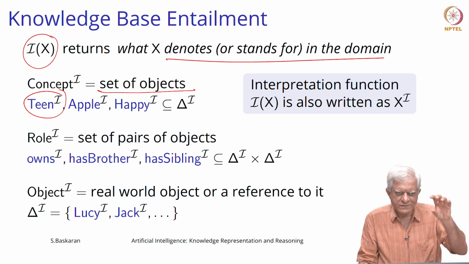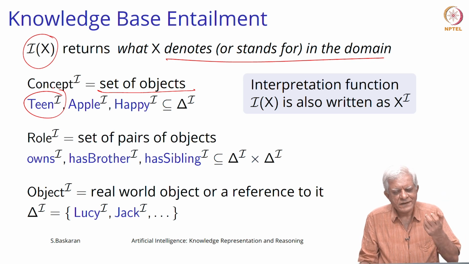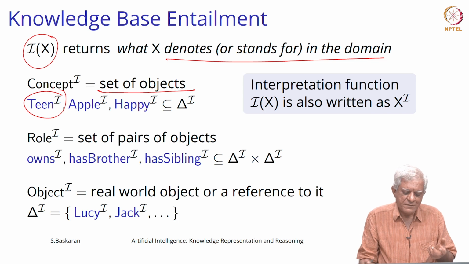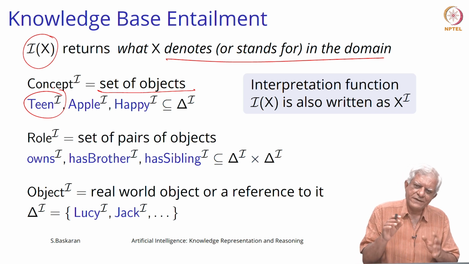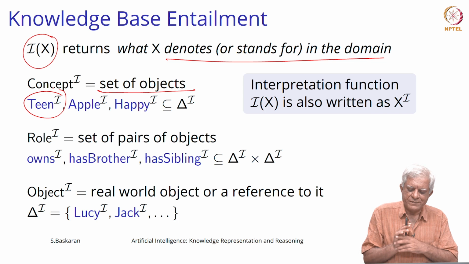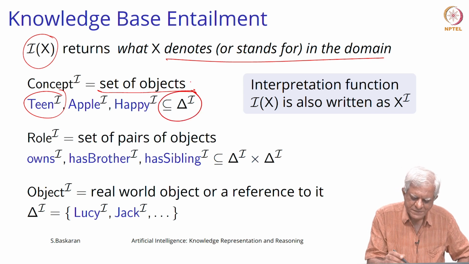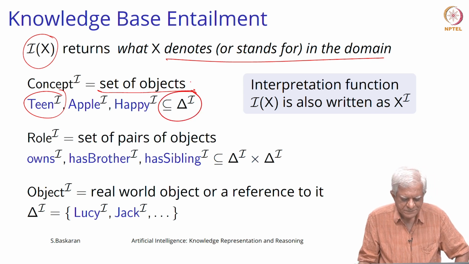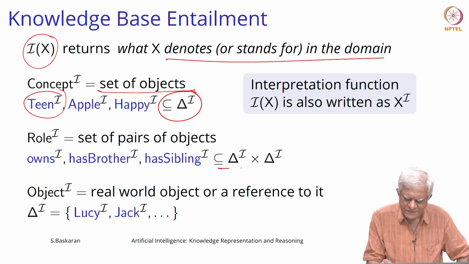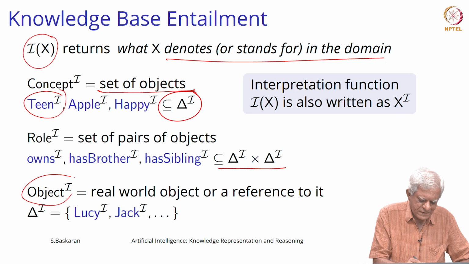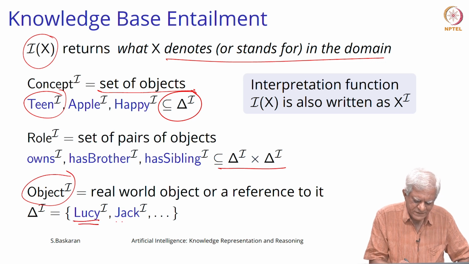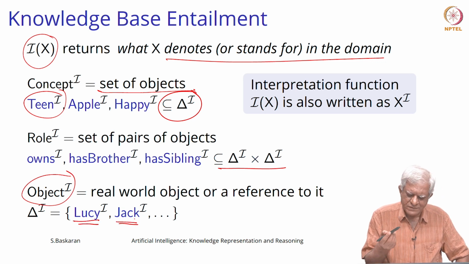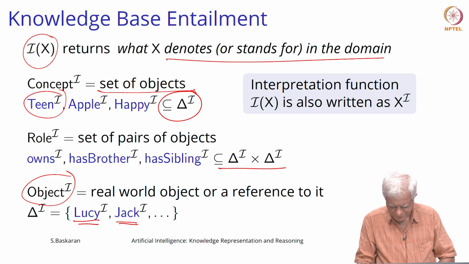Teen is an expression in the description logic, a concept, but teen superscript I is a set in the domain, a subset of the domain. Likewise, roles are subsets of domain cross domain, and objects are images or interpretations of those individuals.